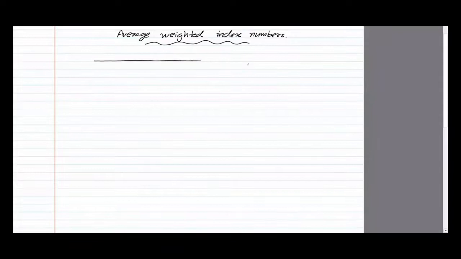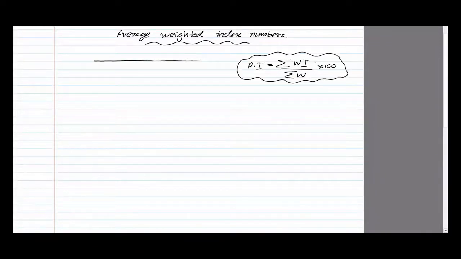Let's say we are going to get the price index. There you have sigma wi divided by sigma w into 100. The formula is something like this. W is actually the weight. I is the index. Previously calculated index numbers are given to you.